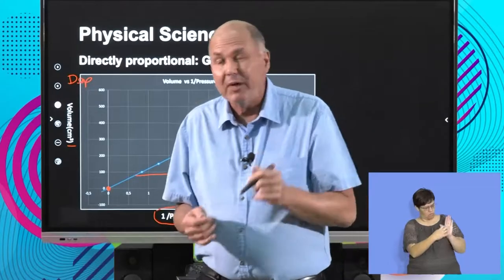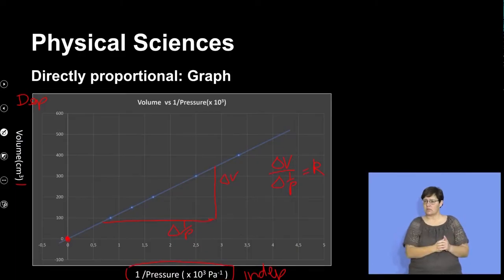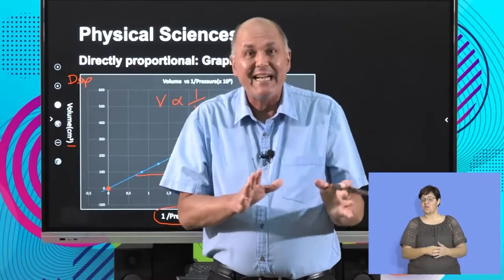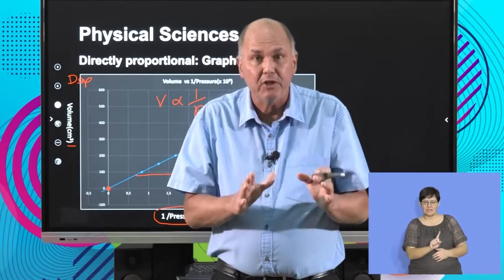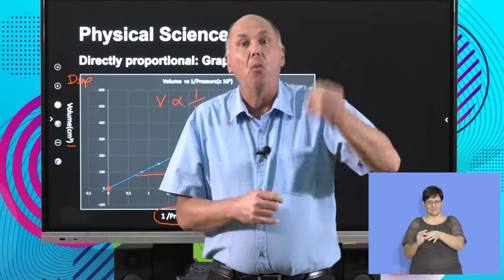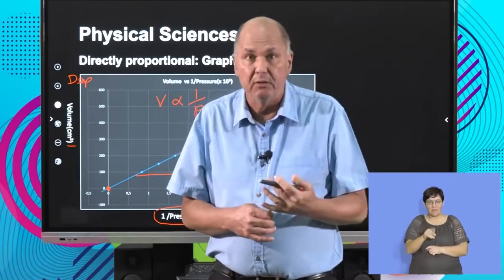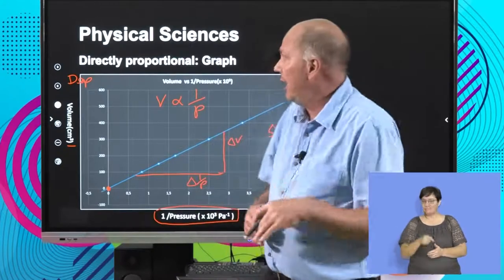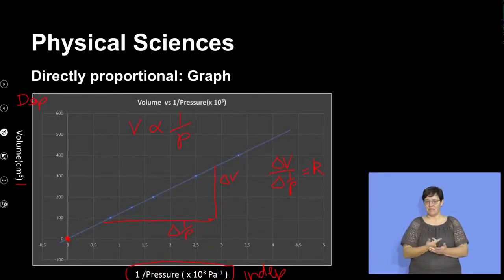Well, I think we can say that volume is directly proportional to 1 over pressure. And that's a very interesting conclusion, because it's telling us about a proportional relationship, but it includes a 1 over, a reciprocal. That's quite a word that we don't hear very often, but it's an important word to remember.